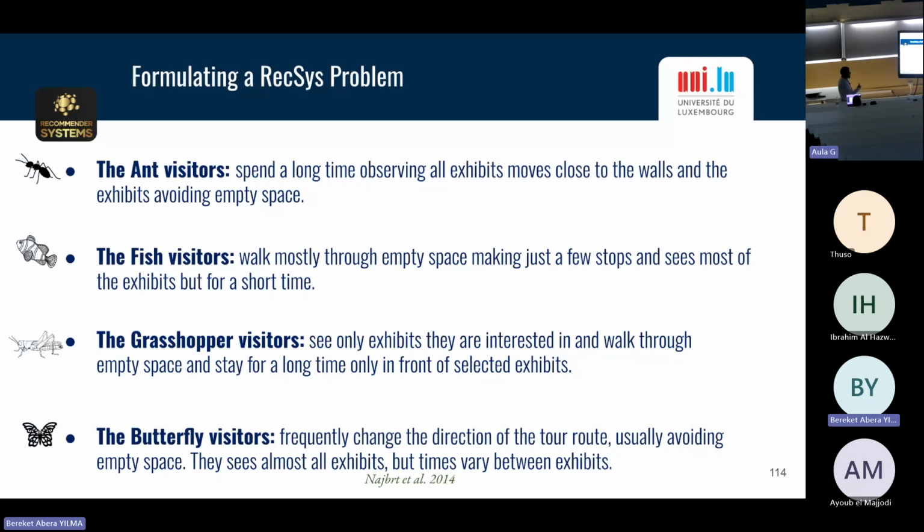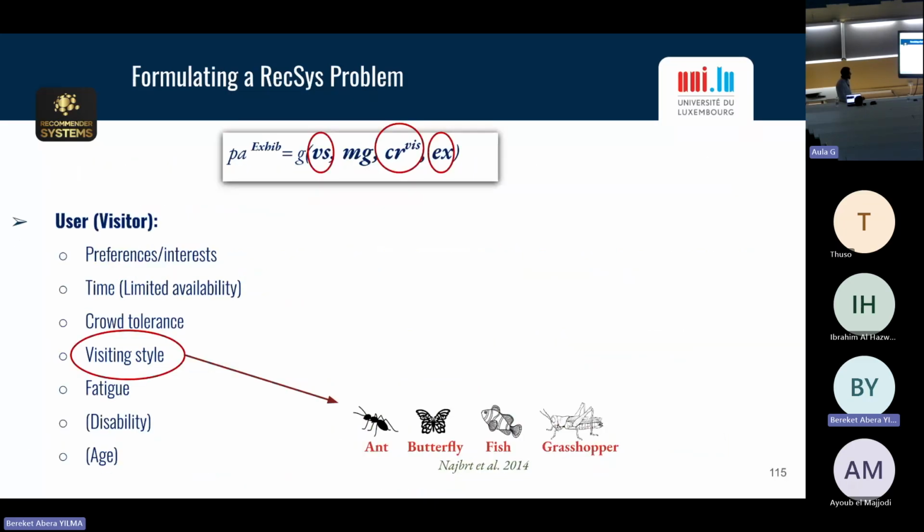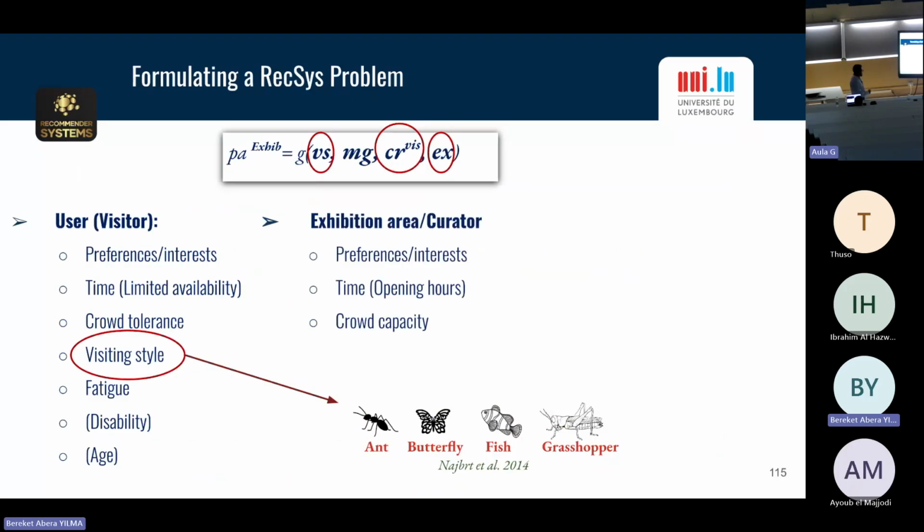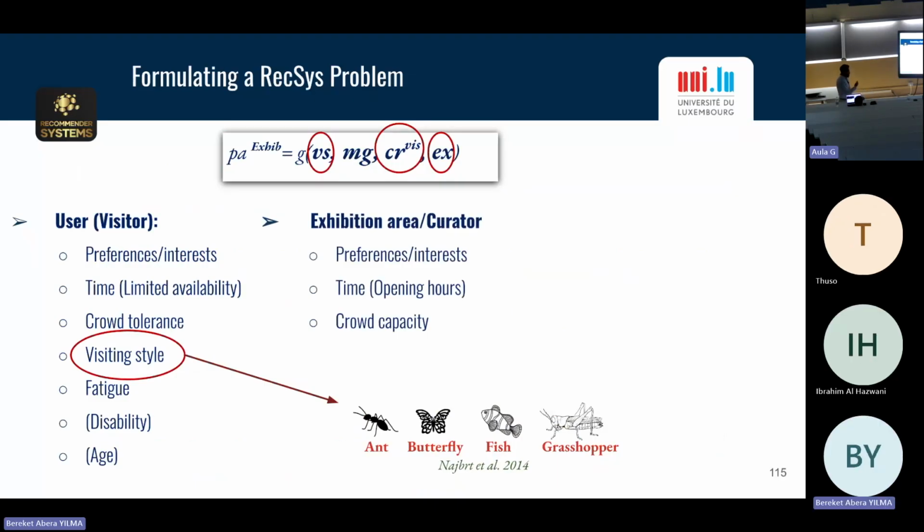This kind of analogy is quite useful when you try to estimate visiting time. So you can have a tool which helps you prune the list of recommendations given the available time of the visitors. And of course, visitors have fatigue, disability, age, a lot of things that you can consider that have value in the physical space.